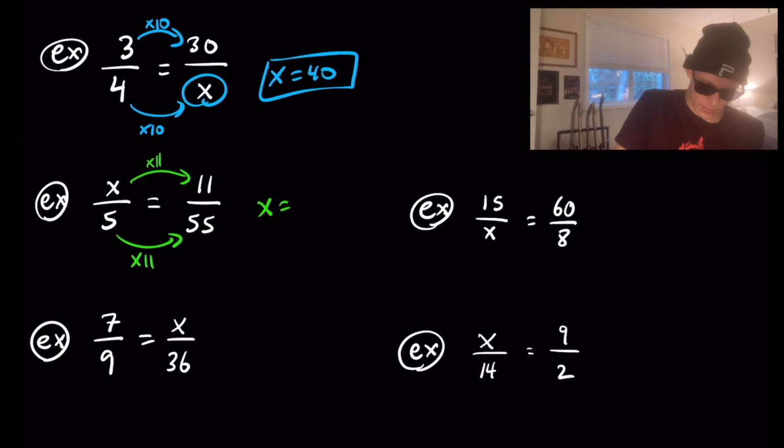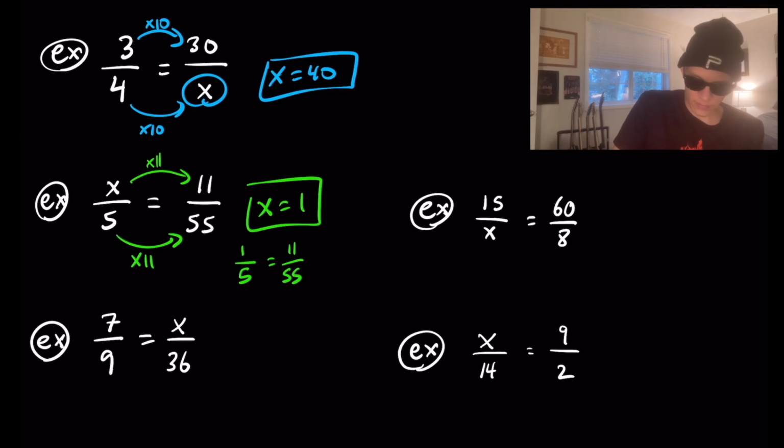That's going to be 1. x equals 1. And I can write these new proportions just so you can see that they are equal to each other. 1 over 5 is definitely 11 over 55. And then the one before, 3 over 4 is definitely equal to 30 over 40.